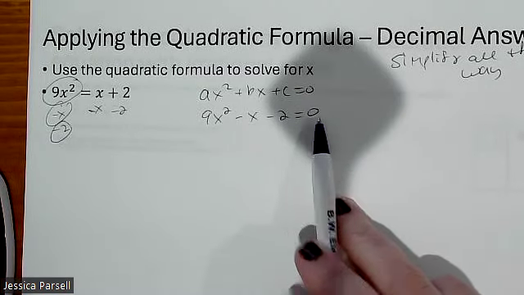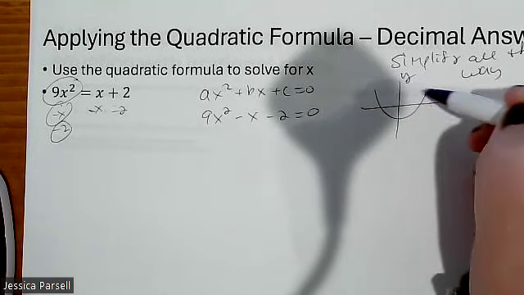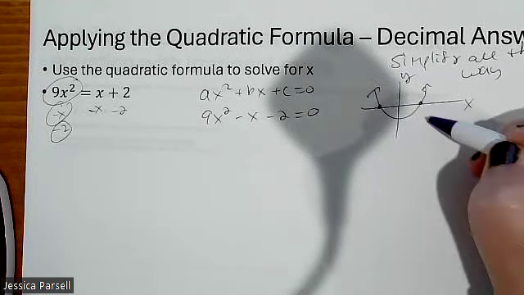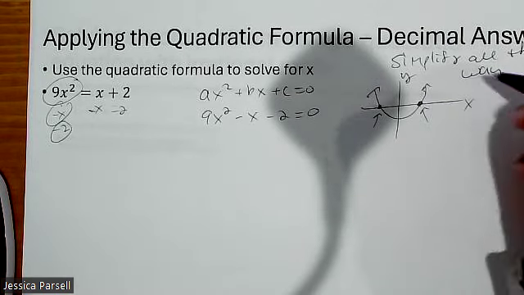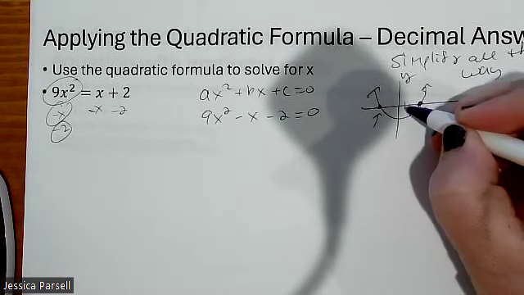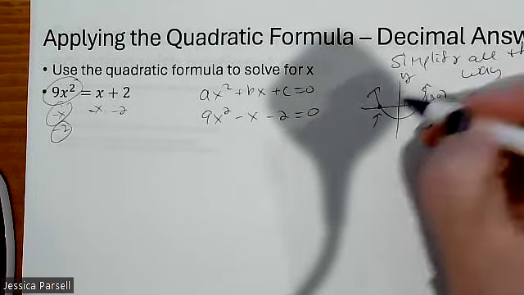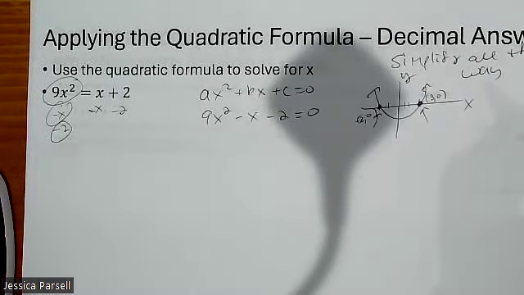Remember, your quadratic needs to be set equal to 0 because you're looking for, let me see if I can make it clear why we do that. You're looking for those intersections, those intercepts, those roots or those solutions. And whenever you have an x-intercept, let's just put this as 3 comma 0 and this might be negative 2 comma 0, right?